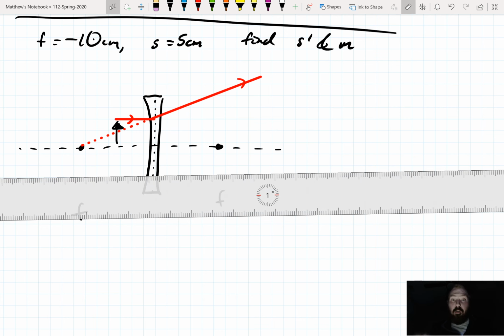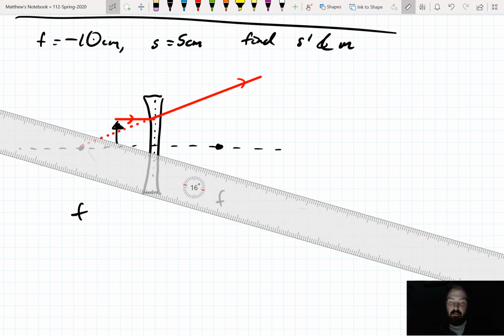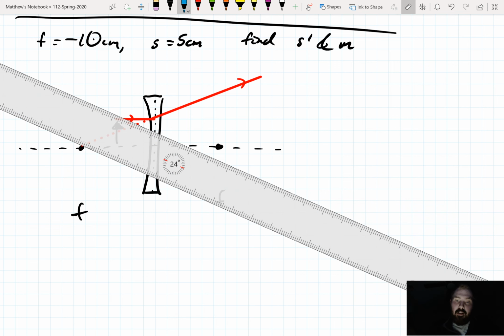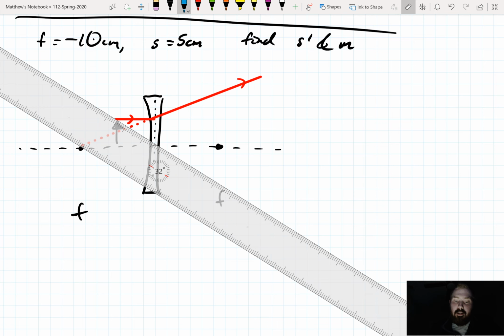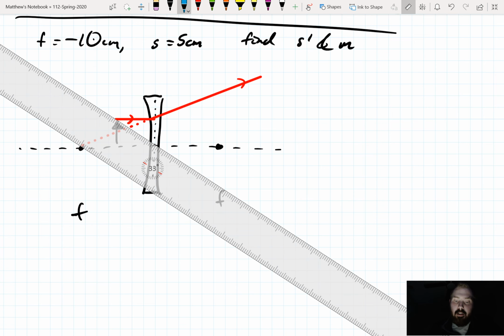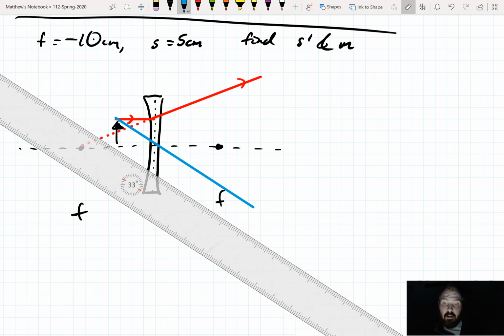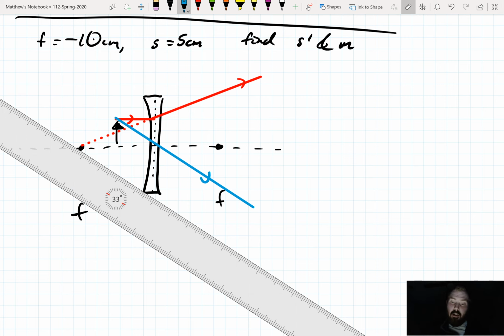I'm going to go through the vertex, just because the spacing here is tight. If you hit the vertex, no deviation. You just keep going.